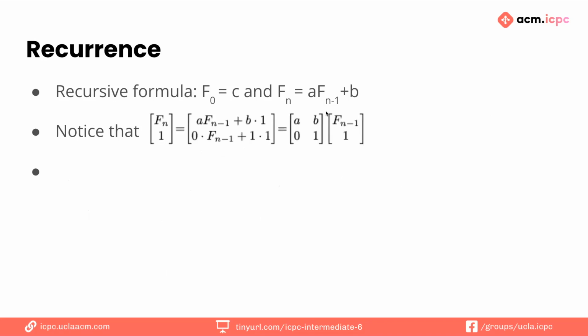So how to find such matrix A? We notice that Fn equals this by our recurrence formula directly. And then we have this. So (Fn, 1) equals [[A, B],[0, 1]] to the nth power multiplied by (F0, 1).